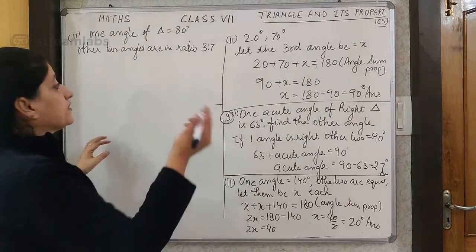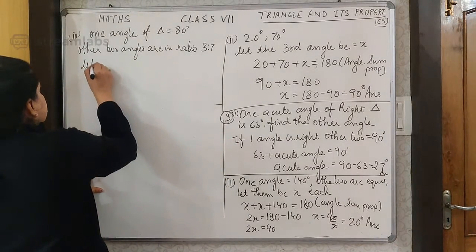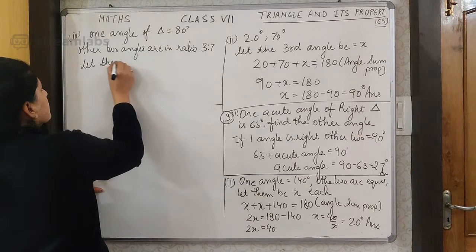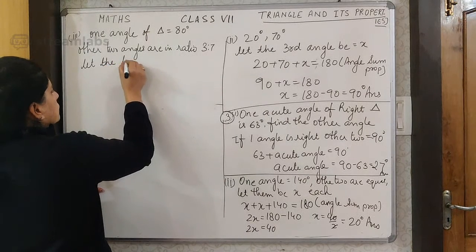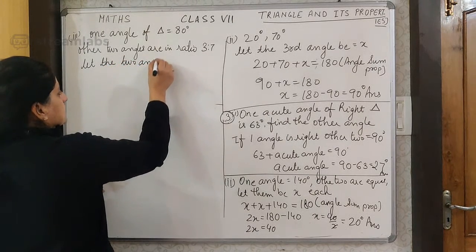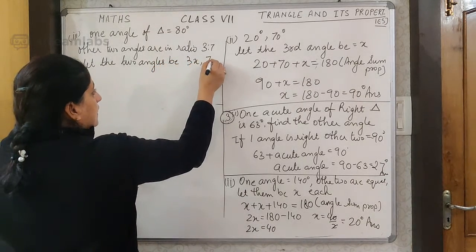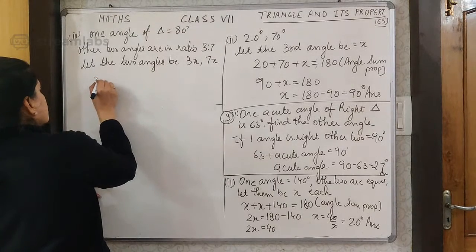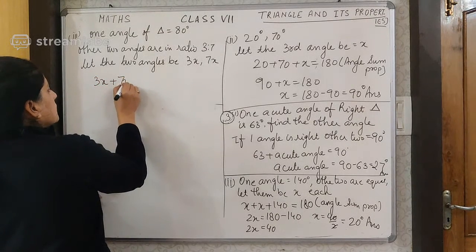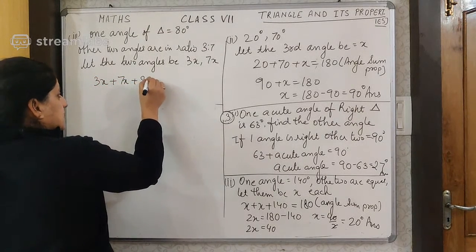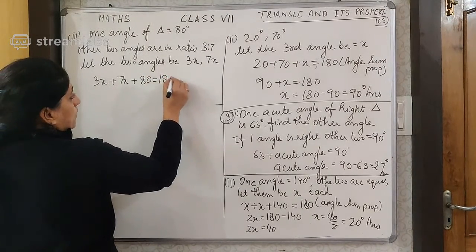So we have already done ratios. So what we can have, let the two angles be 3x and 7x. So we have 3x plus 7x plus 80 is equal to 180.